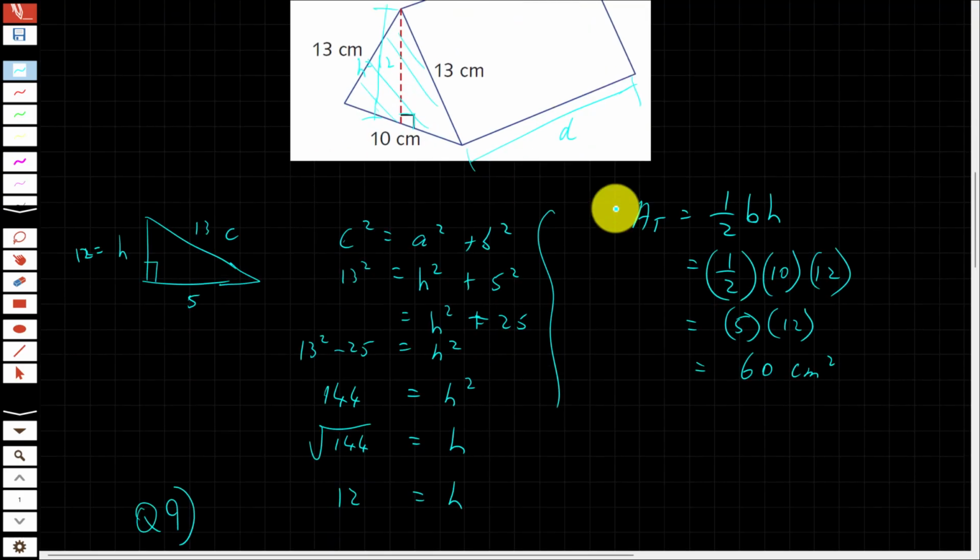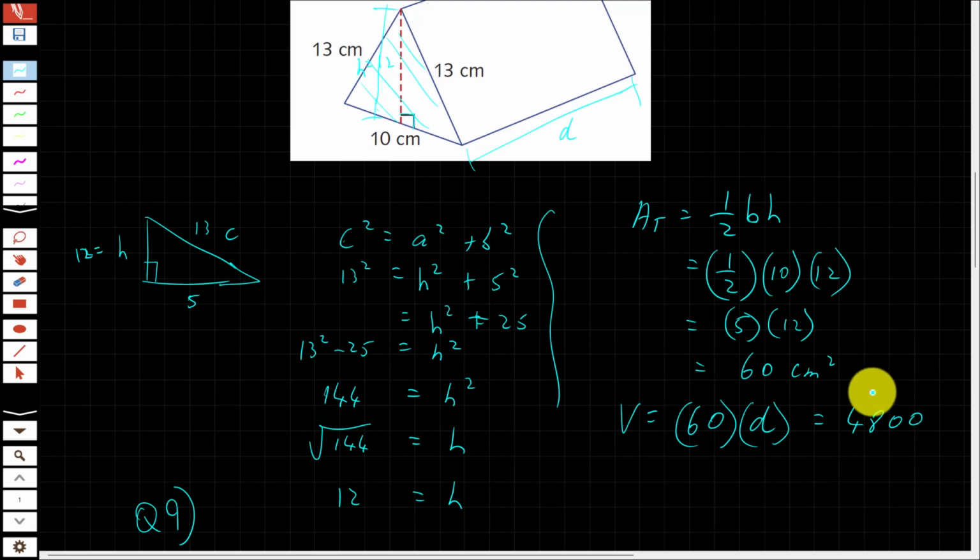So we can say volume equals 60 multiplied by d, which equals the volume of 4,800. So you can see here we have an equation. I'll write the 4,800 on the left hand side, equals 60d. We need to isolate the d to find d.